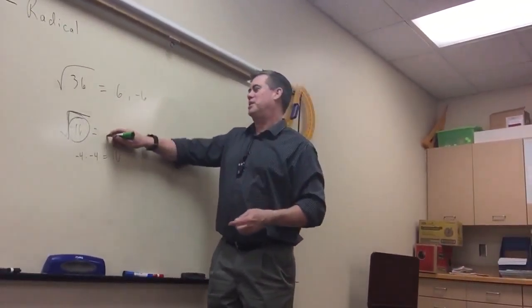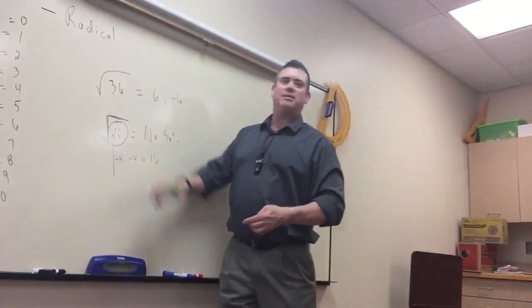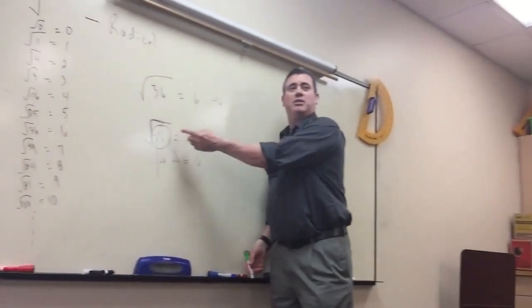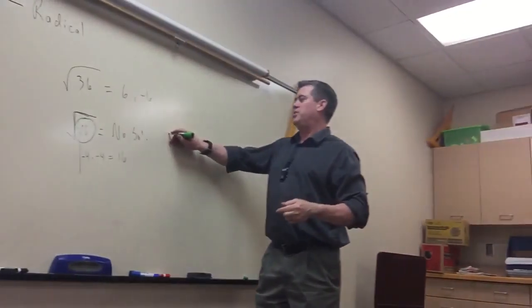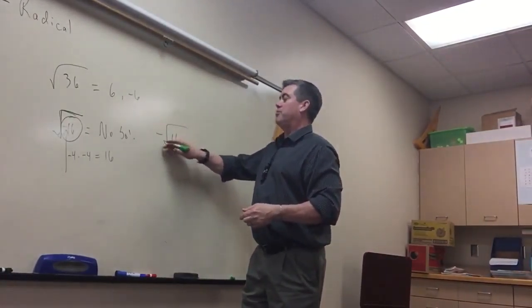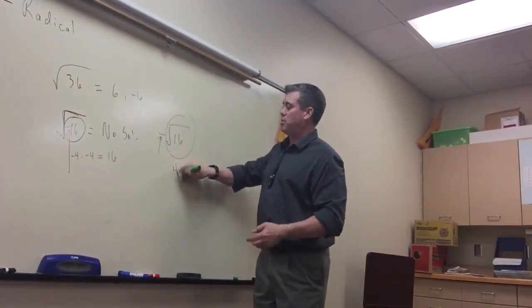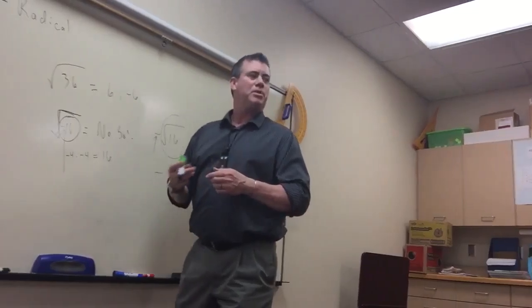Nothing. No solution. You cannot have a negative number under a square root. If you tried this on your calculator, you'd get an error. But don't get it confused with these. If the negative is outside, then it's fine. You just figure out what that is, it's 4, and then the negative just stays there. Okay? We're gonna put the iPads away.